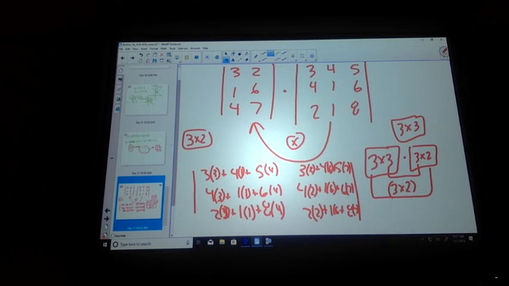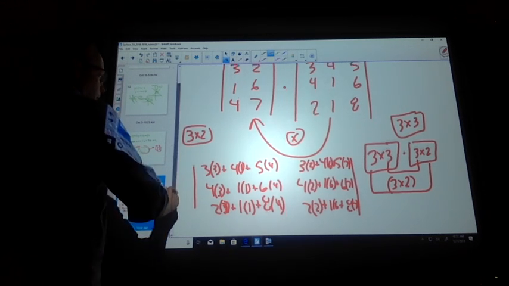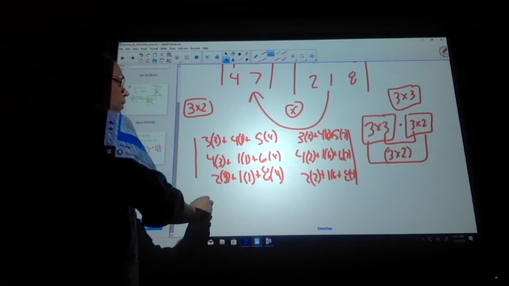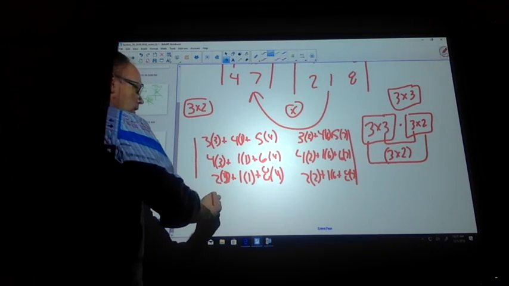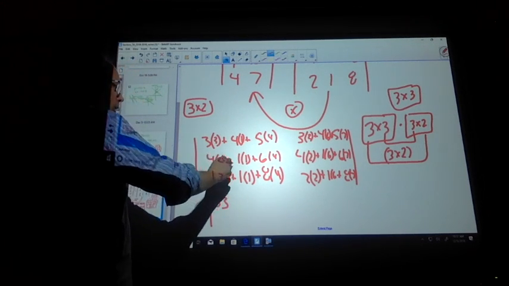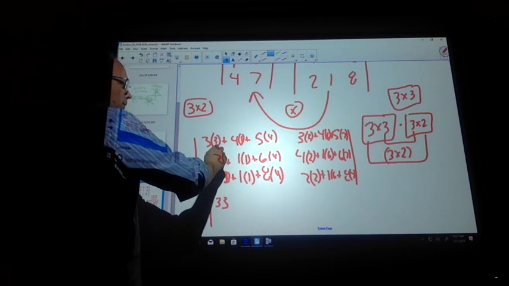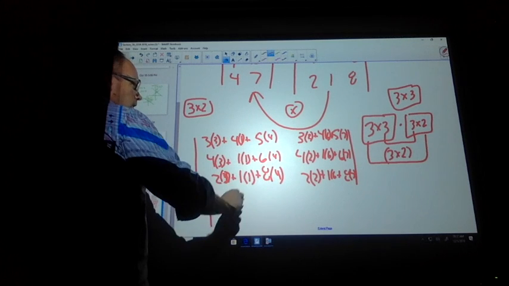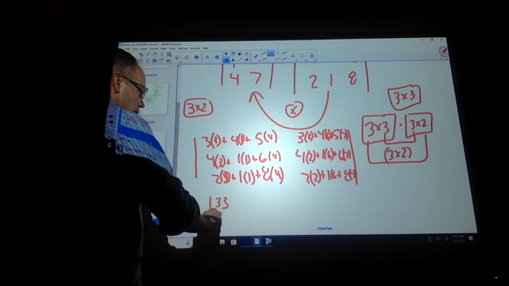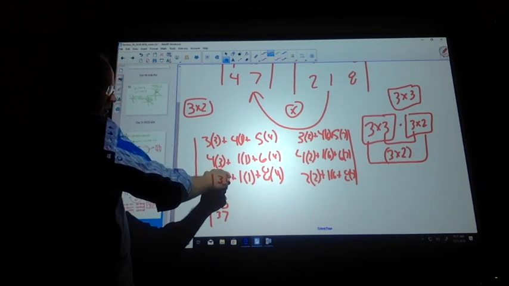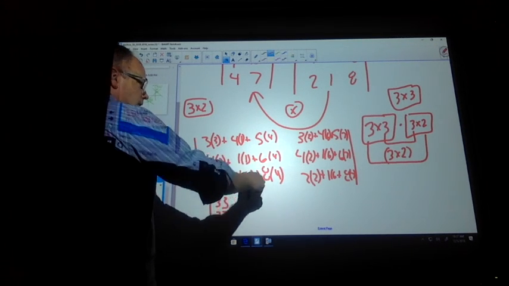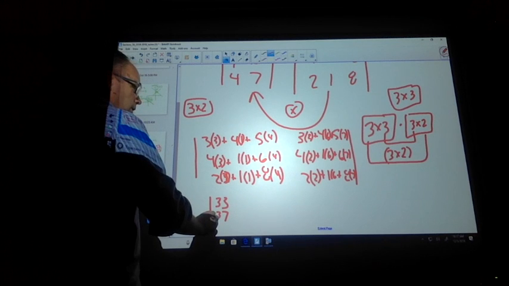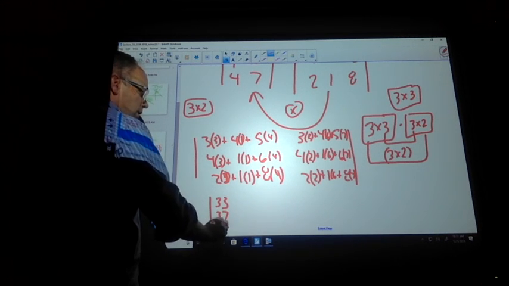Okay? And so if I were to do this problem, I'd get 9 plus 4 plus 20. 9 plus 4 plus 20 is 33. And then 12 plus 1 is 13. 13 and 24 is 37. And then 6 plus 1 is 7. 32 and 7 is 39.